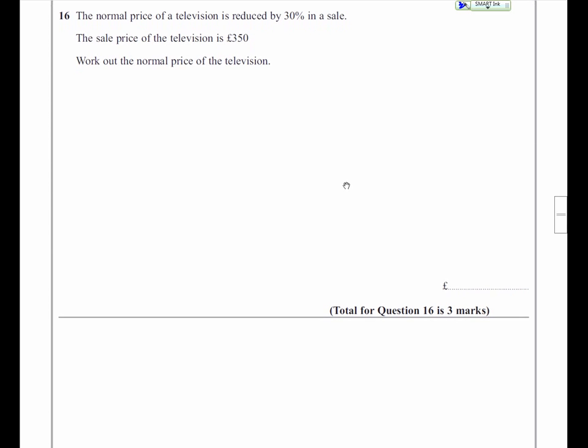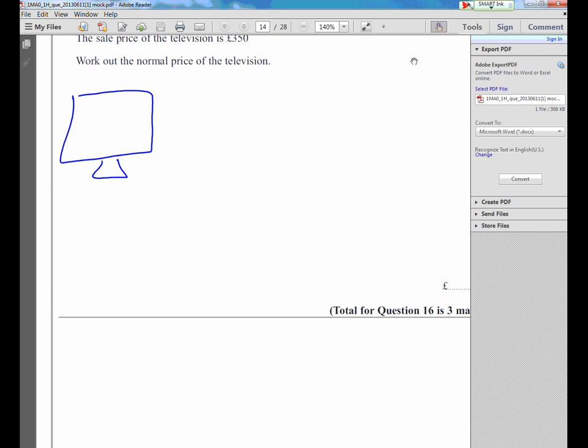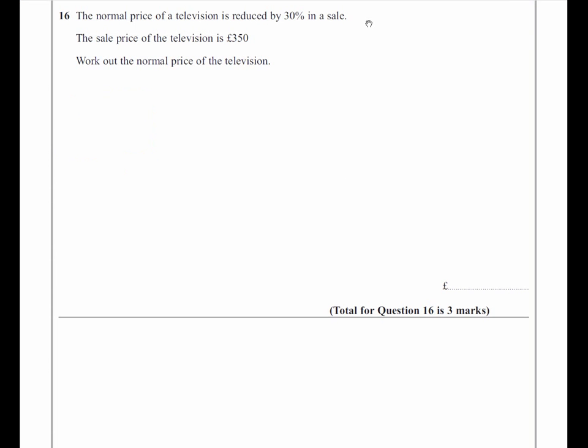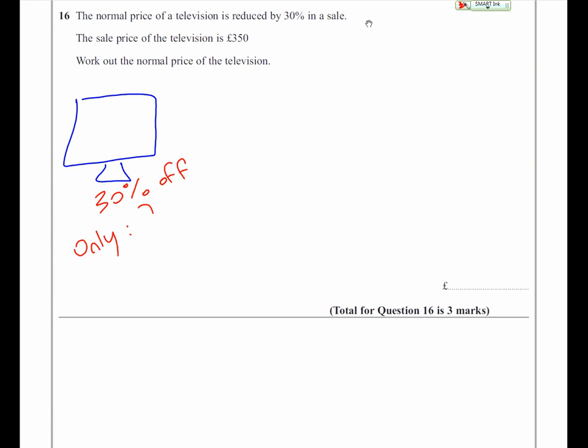16. The normal price, this is a tricky one. Normal price for TV, so imagine it in the shop, a nice TV, is reduced by 30%. Okay? 30% off. The sale price is 350.